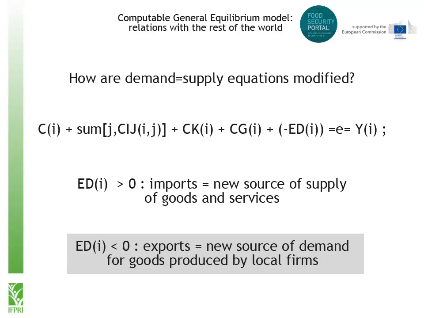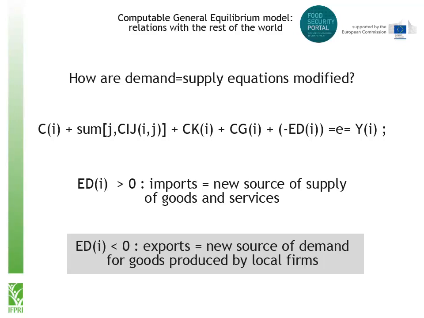Or ED is negative, and so you've got exports, and so it's a new source of demand for goods produced by local firms. So it means that with ED in sector I negative, you've got minus ED in sector I, which is positive. You can keep, in fact, minus ED on the left side, and so you've got on the right side the only source of supply of goods and services, which is Y, which is the local production.